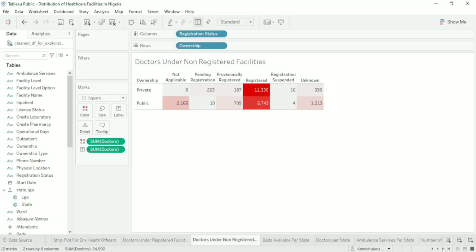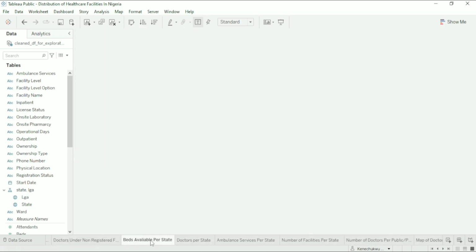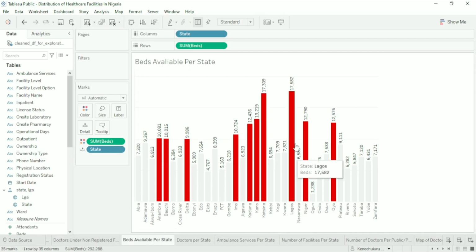So the next exploratory analysis I did was on beds. I grayed out others because they are not actually important, but it's one of the ones that are higher. So beds per state, we have Lagos being the highest, and Katsina following up, and others.